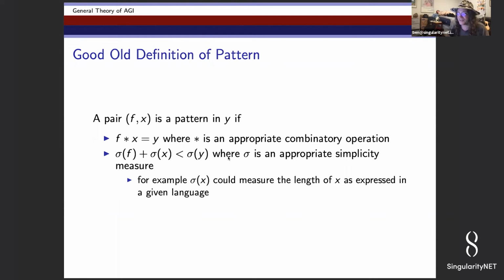So that this becomes an information compression sort of measure. But the measure sigma here doesn't have to be length. It could be runtime, it could be amount of energy used, it could be a lot of different things. So basically, setting aside the math, a pattern is a representation as something simpler.